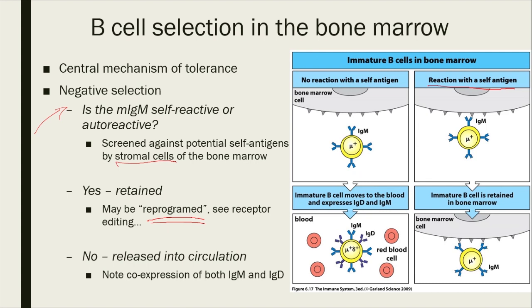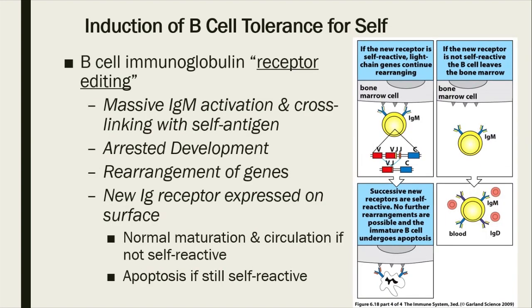And if they're not self-reacting, those cells would be able to be released into the circulation, and they would eventually co-express IgD and IgM. So here we're talking about the reprogramming, the so-called receptor editing. When a cell first comes out and it is self-reactive, it will go through this editing process.